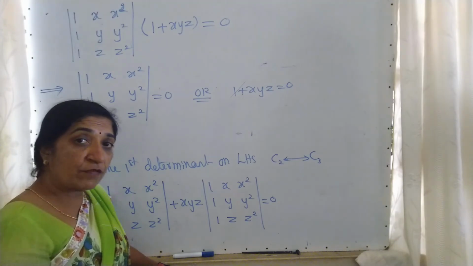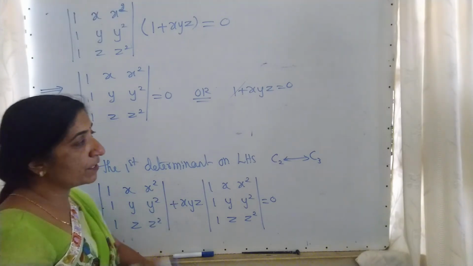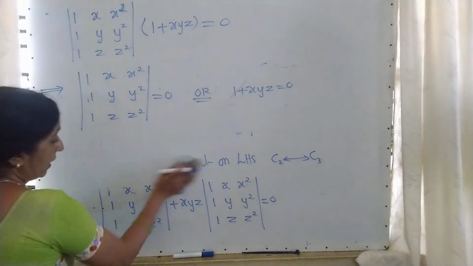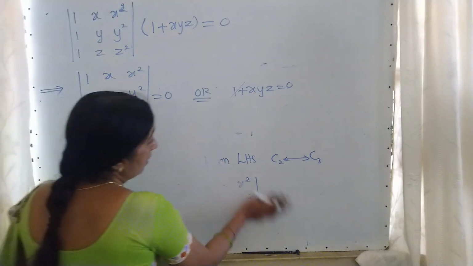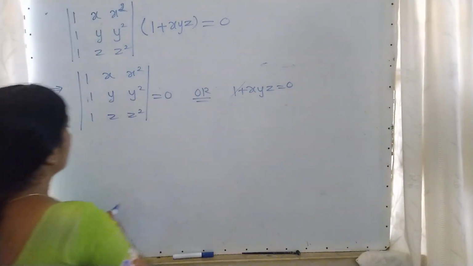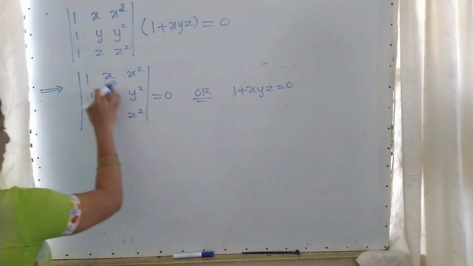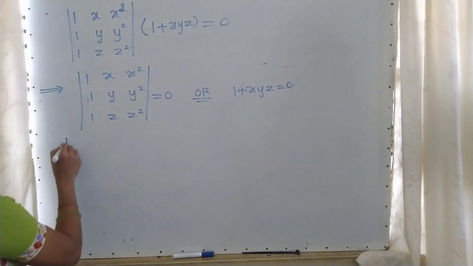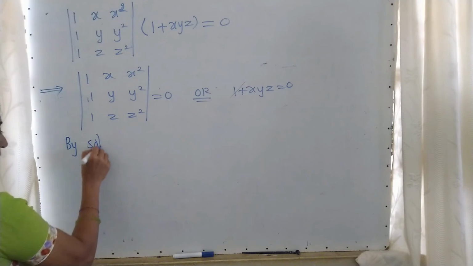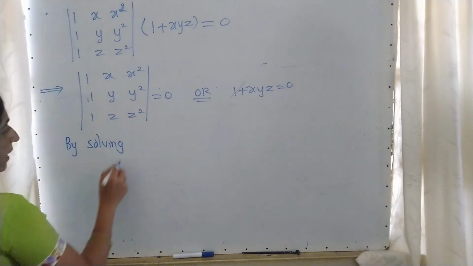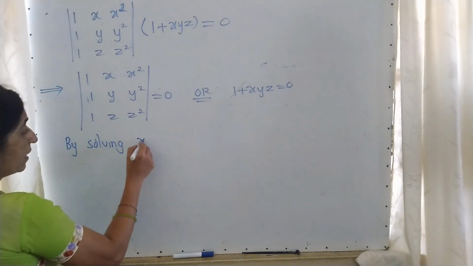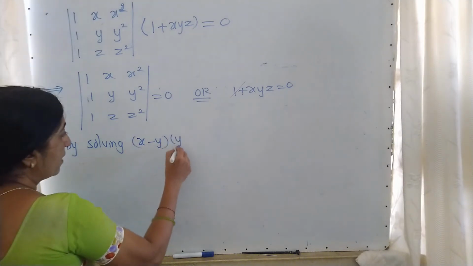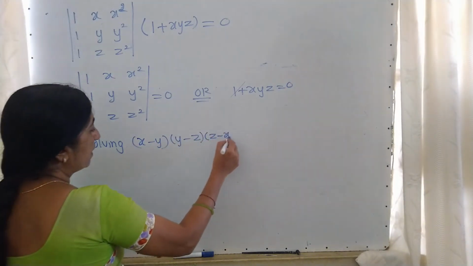After properties of the determinant I explained so many examples. If you watch those videos correctly and are thorough in them, you are familiar with the result. If this is the determinant, then after solving you will get x minus y, y minus z, z minus x is equal to 0.